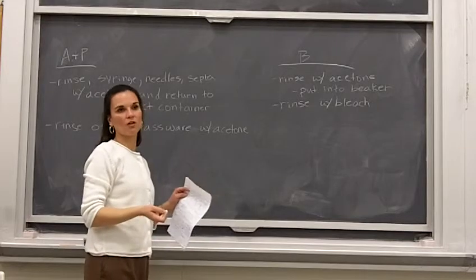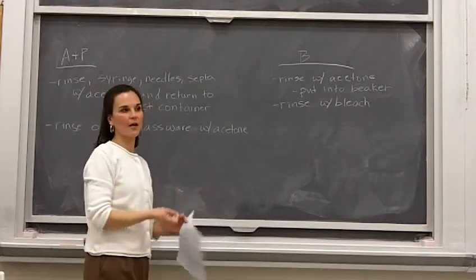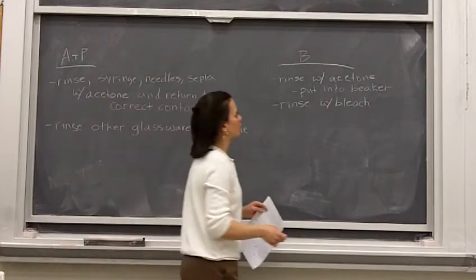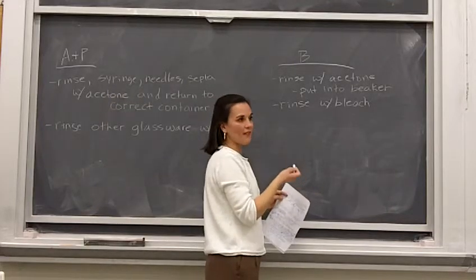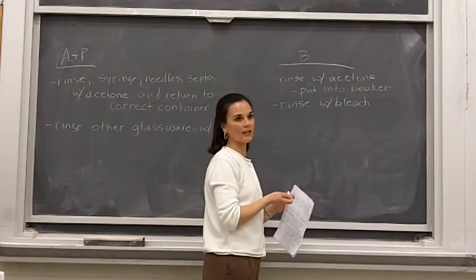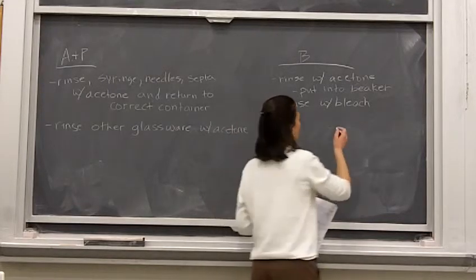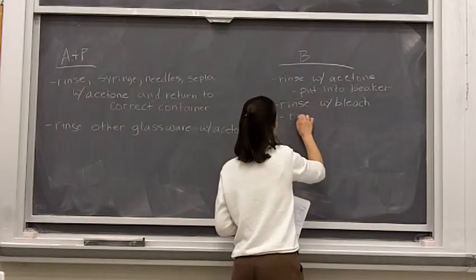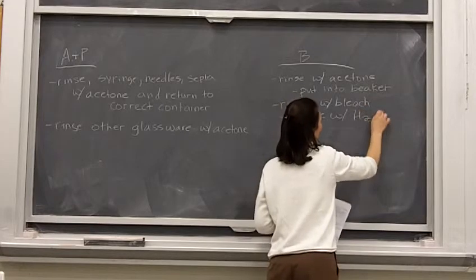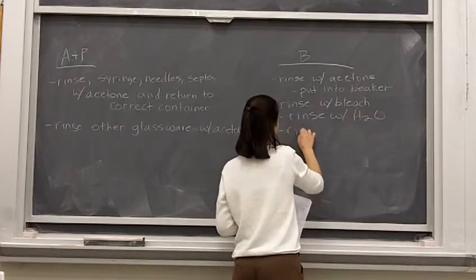So if you're using butyryl chloride, probably don't wear your finest wares to lab this week in case you get a little splatter of bleach on it, okay? You're going to rinse it with bleach, and that kills that butyryl chloride stench, okay? So we're going to get rid of that, all right? Then we're going to rinse with water, and then we'll rinse with acetone again, okay?